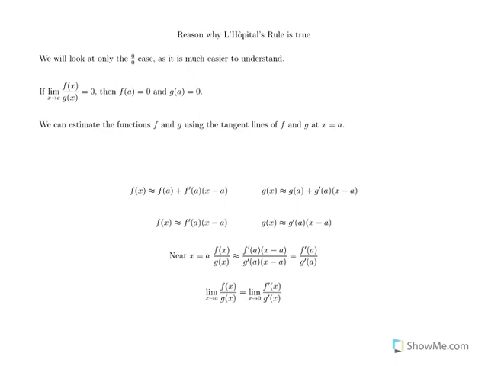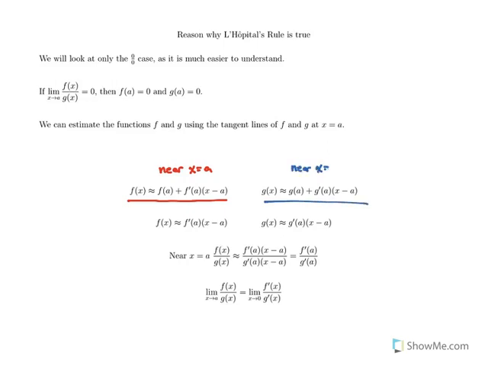And how we're going to show this is true is we're going to use the fact that we can estimate the functions f and g using the tangent lines of f and g at x equals a. That means that f of x is going to be about f of a plus f prime of a times x minus a near x equals a. And same thing for g of x, just using its tangent line.